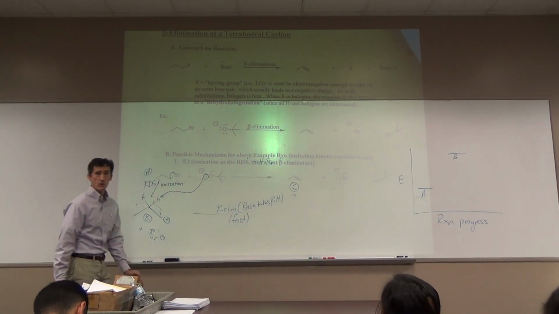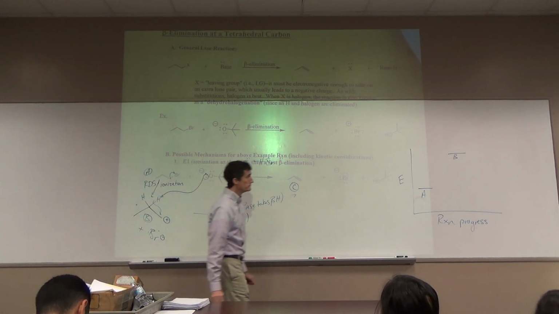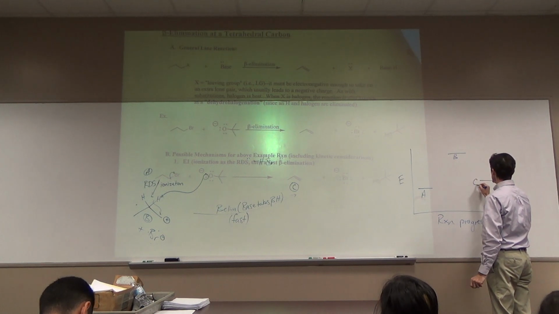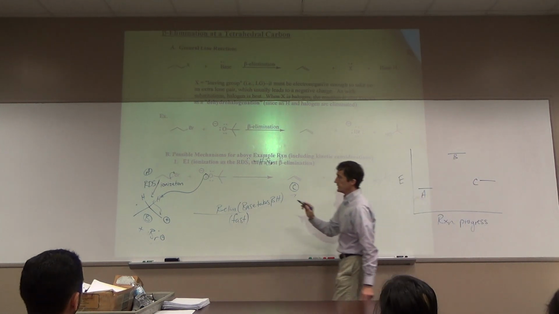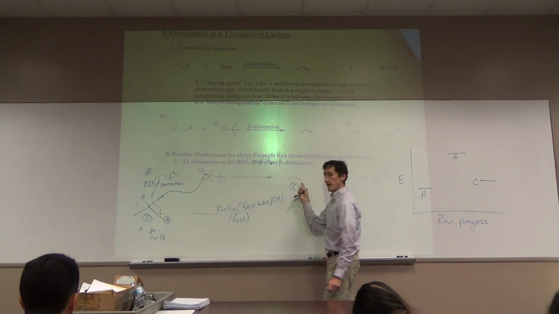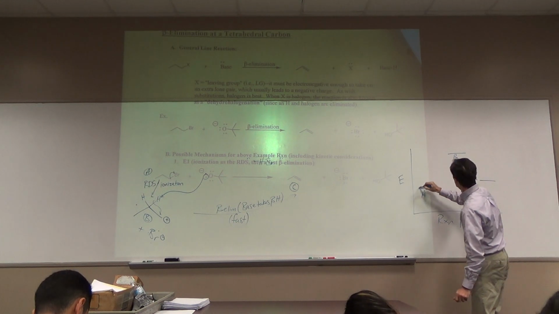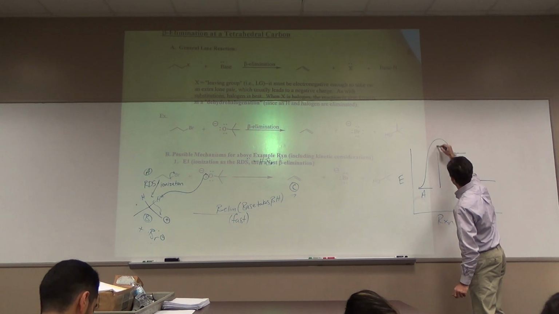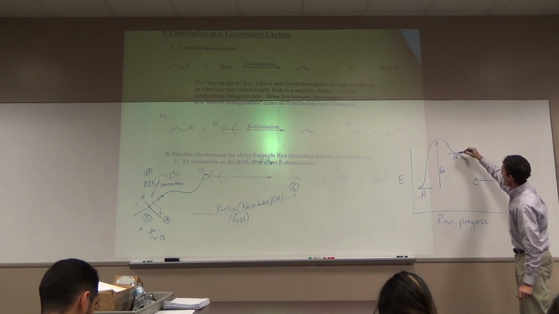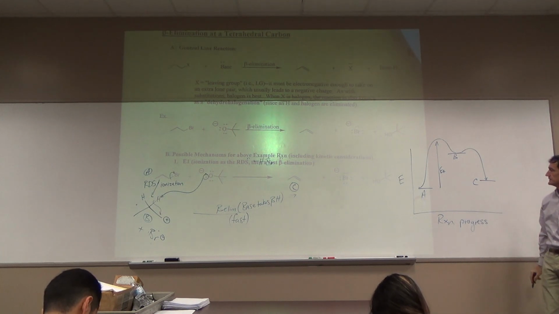C would be higher or lower in energy? Be higher, right? Because what are we doing here? We're breaking two sigma bonds and forming a pi bond, a weaker pi bond. It should be higher. Here we go. There's your rate determining step. And then removing the proton doesn't take much energy. We come down to our alkene, right?